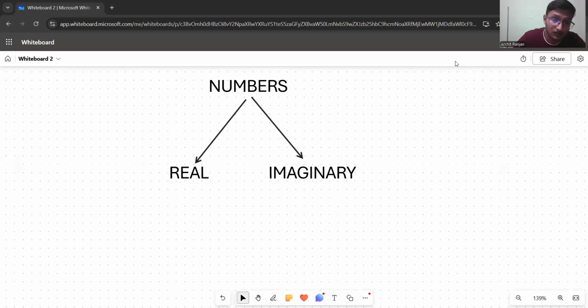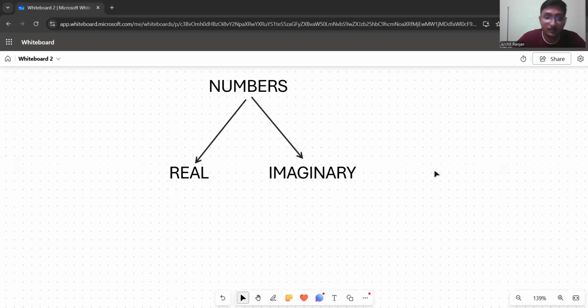All kinds of numbers that are real, like there's one bottle, there's two apples, anything that has any real meaning or real representation is called a real number, like one, two, three, four, all the integers, all kinds of fractional numbers, your whole numbers, all kinds of numbers that you can think of are called real numbers, right?